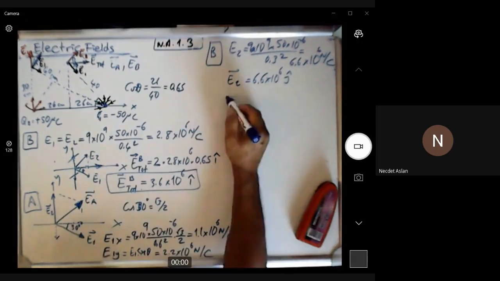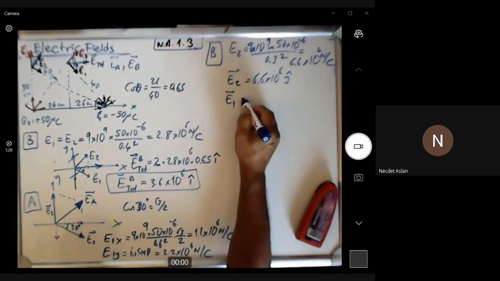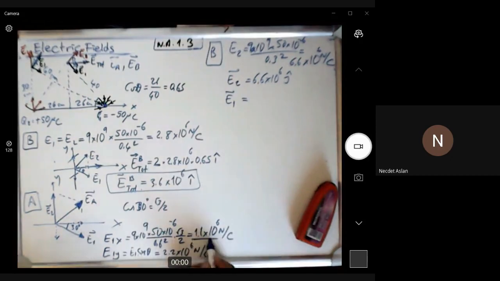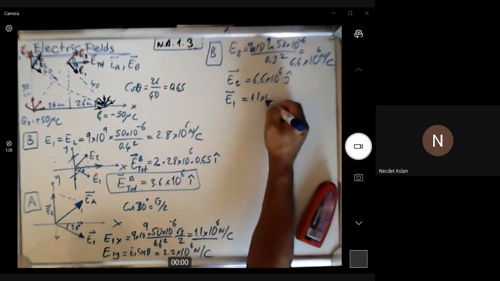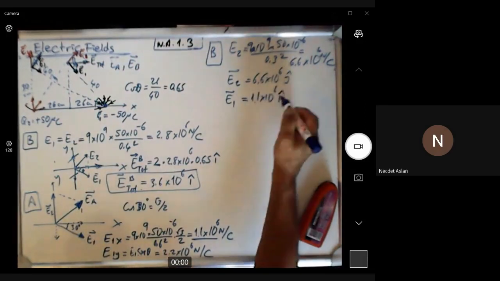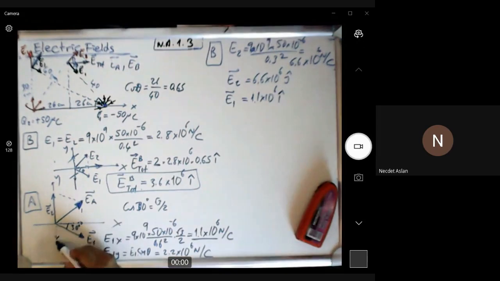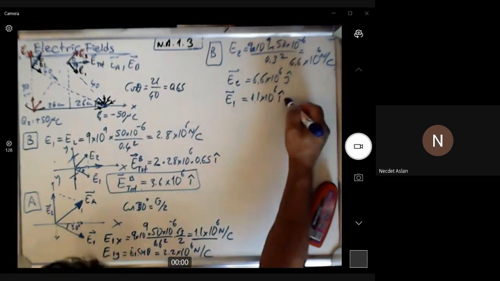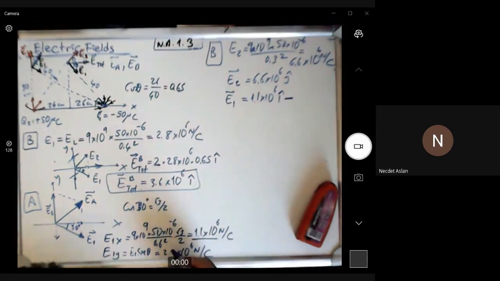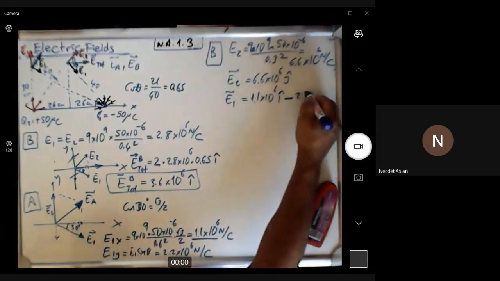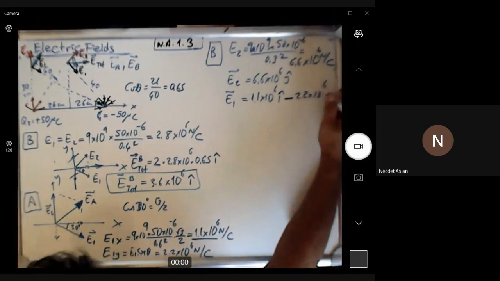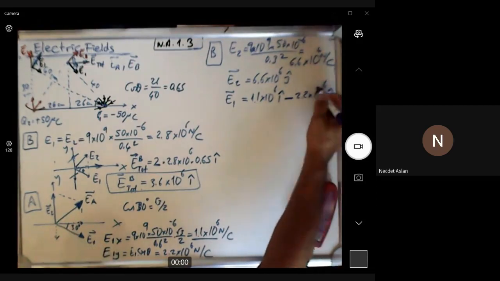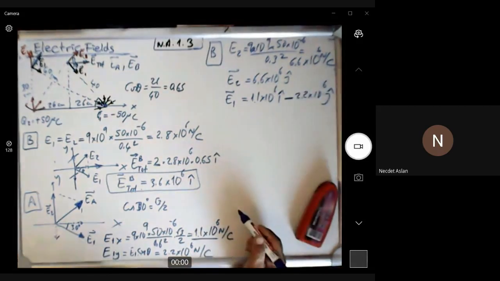But E1 has an x component, which is given by this one, and it is in the positive x direction. So it's 1.1 times 10 to the 6 I, but the y component is negative, as you see down there. Minus, this is very important, minus 2.2 times 10 to the 6 J. As you see, you don't need to write any unit for these two.